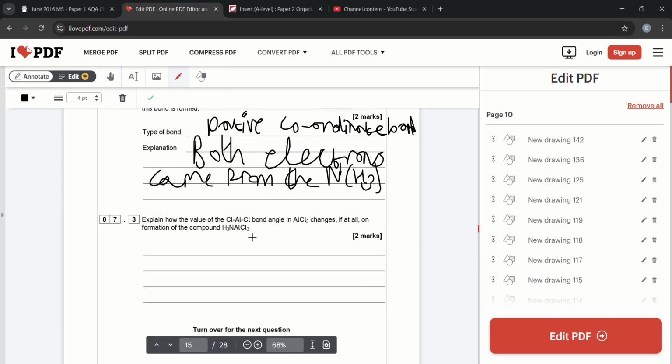7.3 Explain how the value of the Cl-Al-Cl bond angle in AlCl3 changes, if at all, on the formation of the compound H3N-AlCl3.